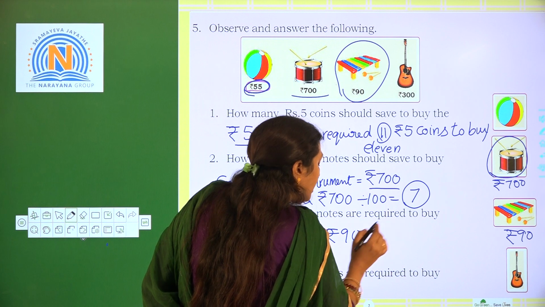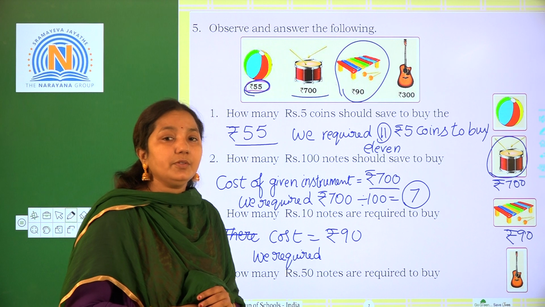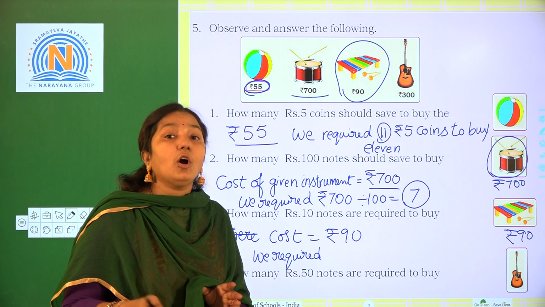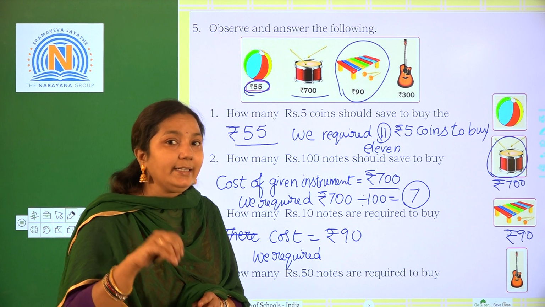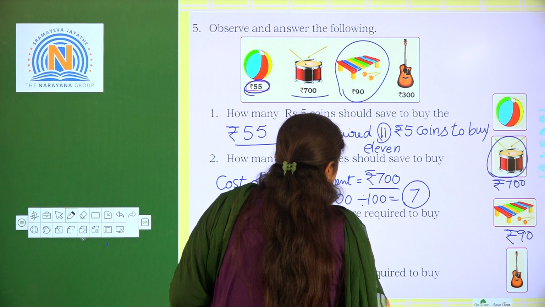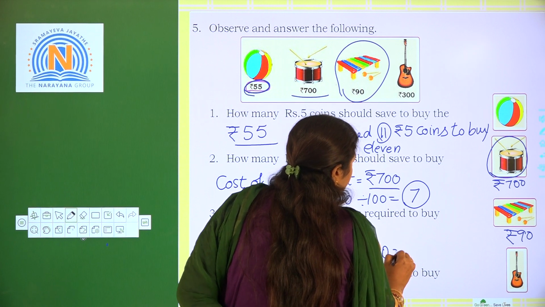You know the 10 table. 9 tens are 90. So we require 9 ten rupee notes.